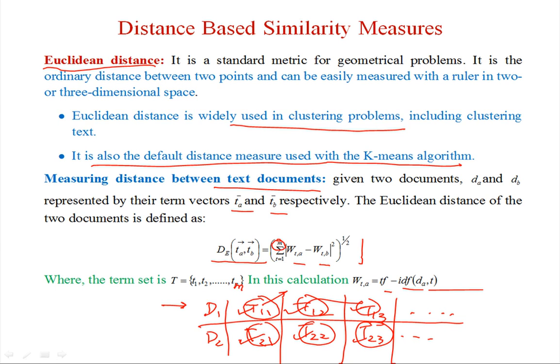But here, to calculate the Euclidean distance between two documents, we just calculate the distance between two similar words in the document. There may be some matching terms or there may not be some matching terms.